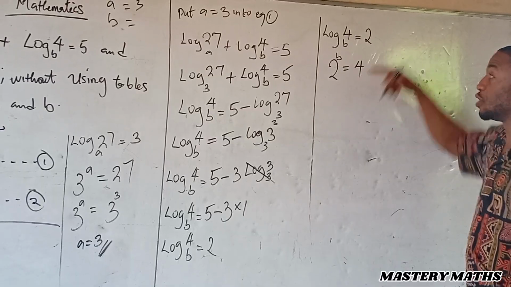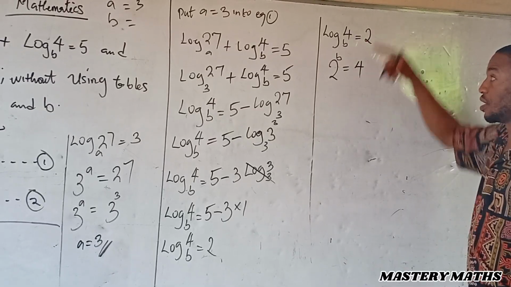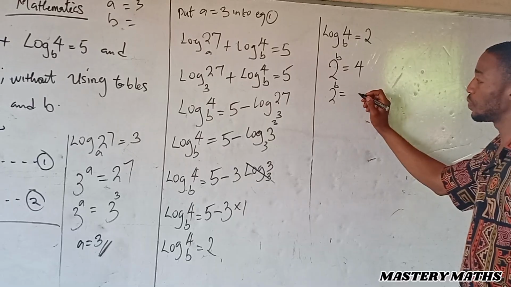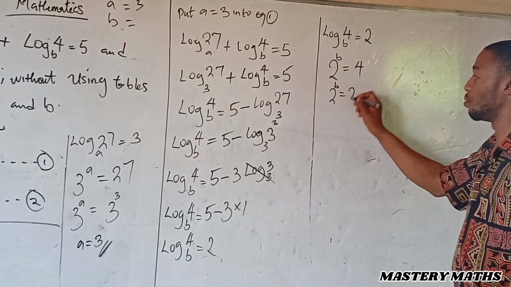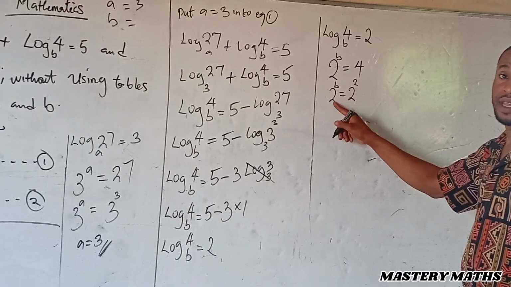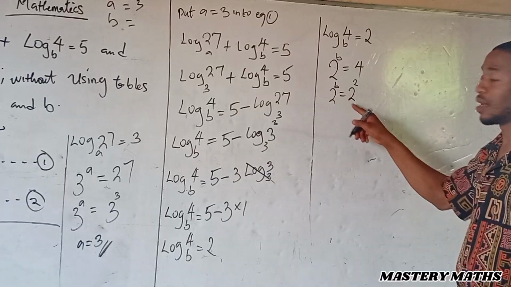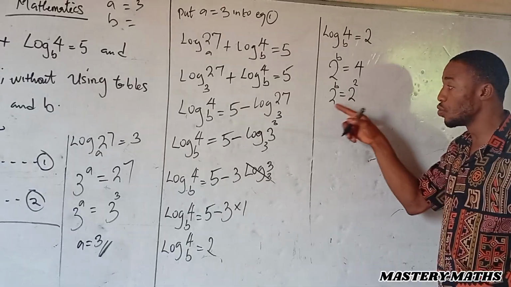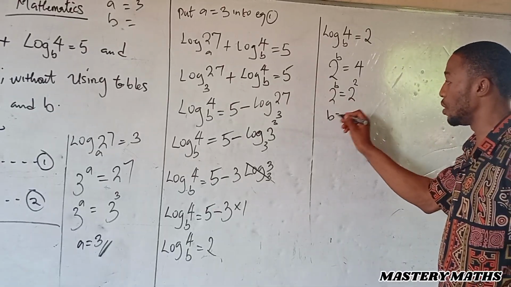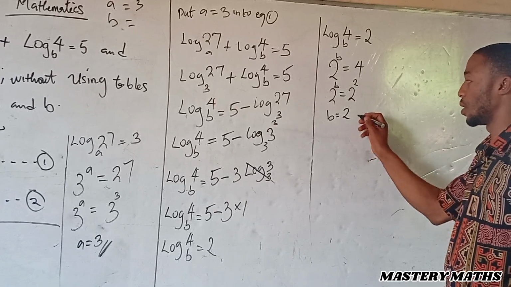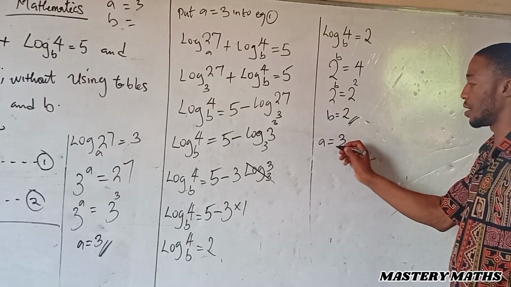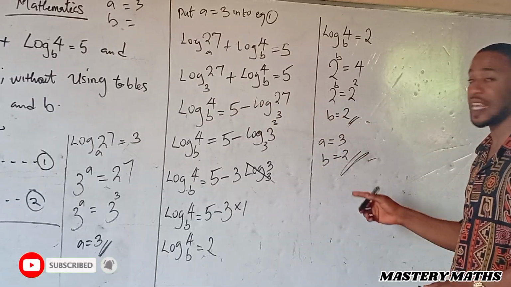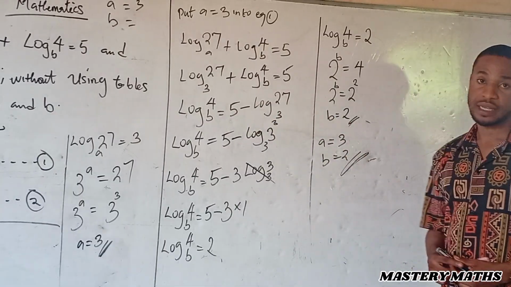So it will be B raised to the power 2 equal to 4, which becomes 2 raised to the power of 2. You see now? They have the same whole number, so we work on the power, which becomes B equal to 2. So our A is 3 and B is 2, which is the value of A and the B. Thank you.